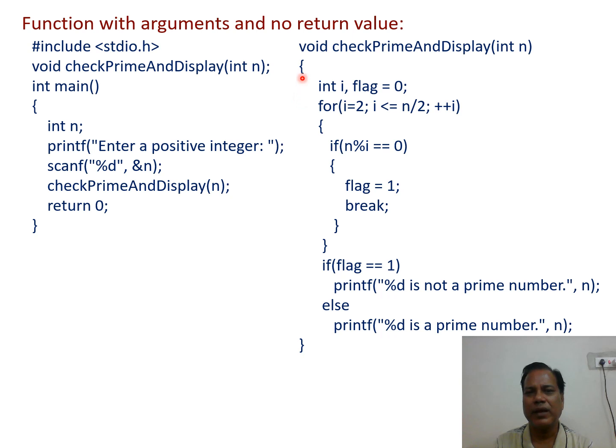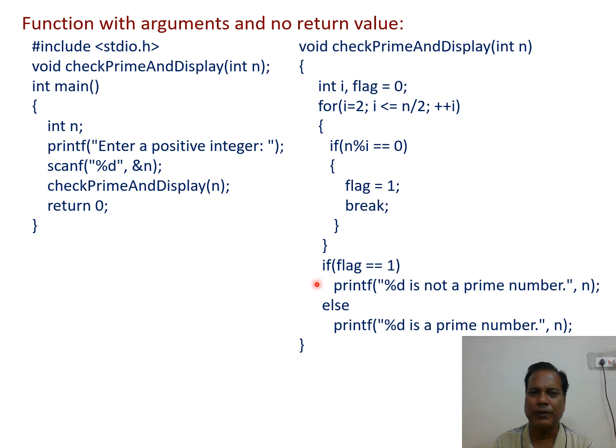Then within the body of this function, int i, flag = 0; i and flag are integer variables that are declared, and simultaneously the value 0 is assigned to flag. Then for i = 0; i <= n/2; ++i.